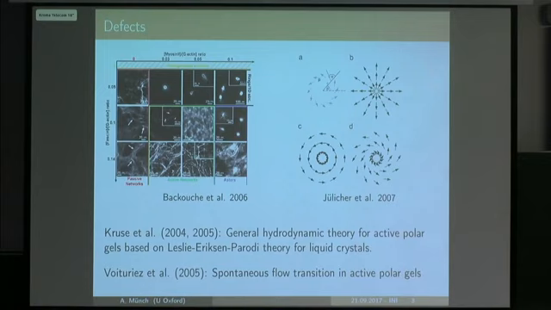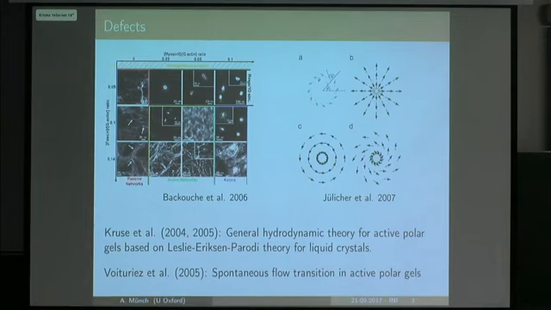Another thing that is very typical for even passive liquid crystals is the occurrence of defects. And this is, of course, exacerbated if you have a non-equilibrium system where additional energy comes into play. So you can have structures like vortices or spirals or asters, and some of these have been seen in experiments with actin filament networks, in particular when you have a medium range of activity.